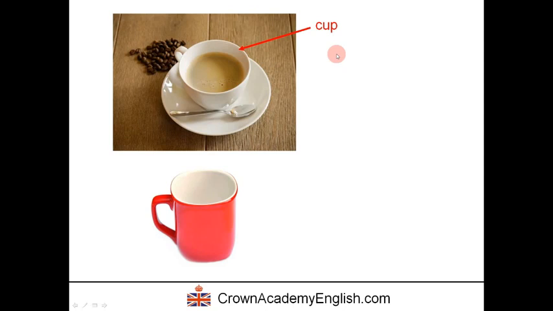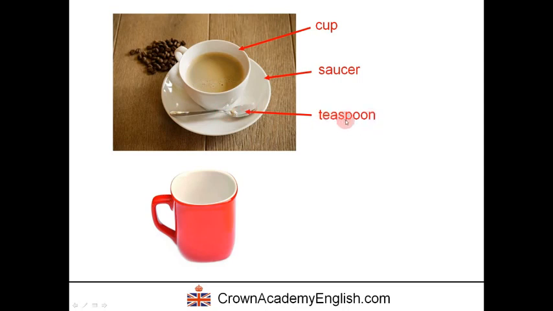Okay, so here we have a cup. It looks like there's coffee inside it, so it's a cup. And this is called the saucer. The saucer. So the saucer is underneath the cup. And this small spoon, in English we call this a teaspoon.